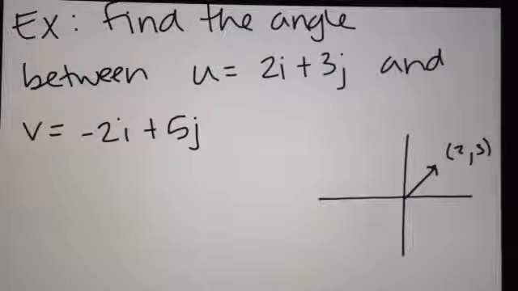And then negative 2, 5 would be like here-ish, so that's negative 2, 5. Then what we're really trying to find is this angle that's in between those. That's what theta would be. So that's what we're trying to find.